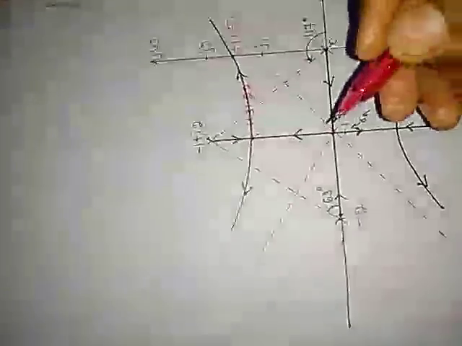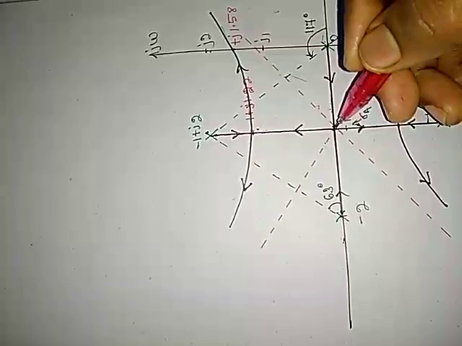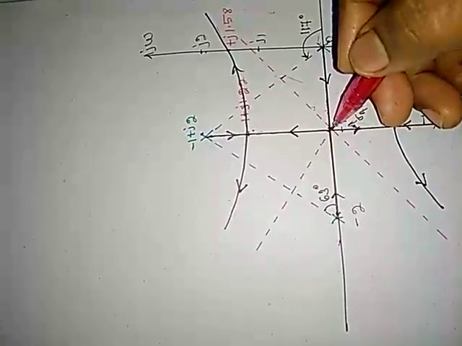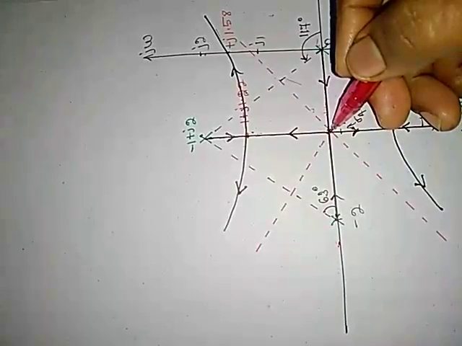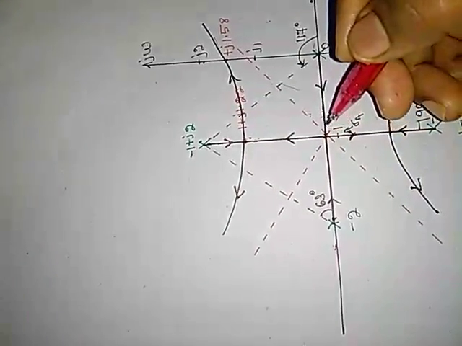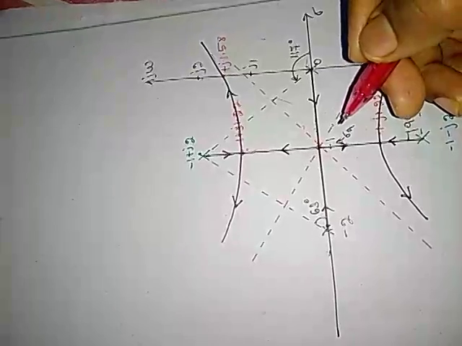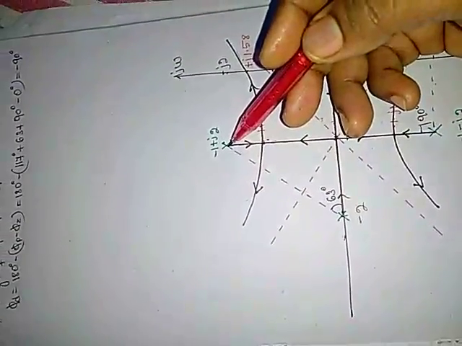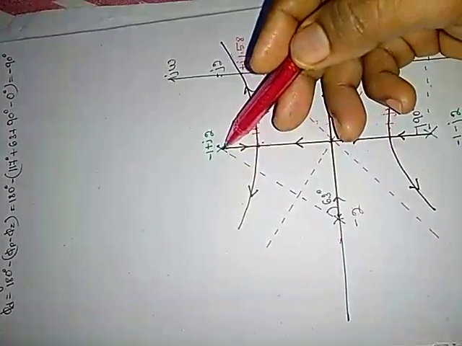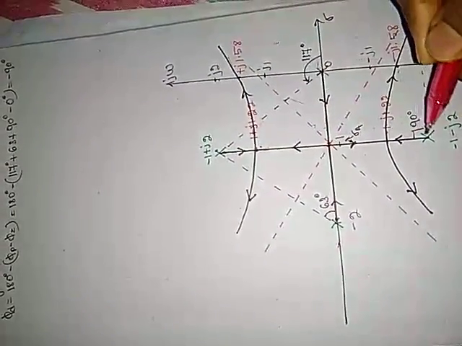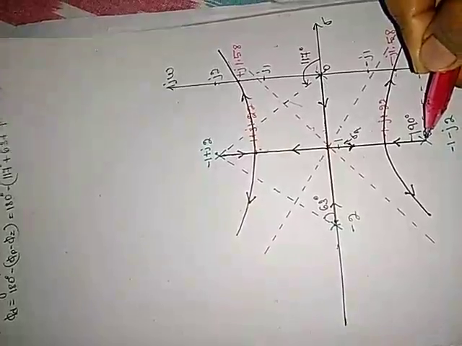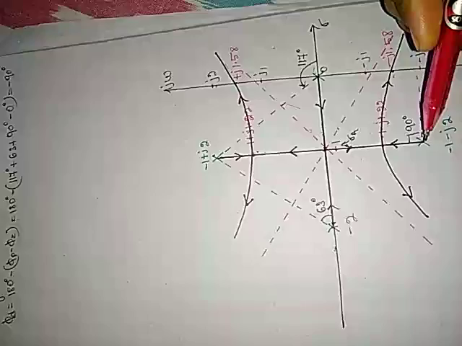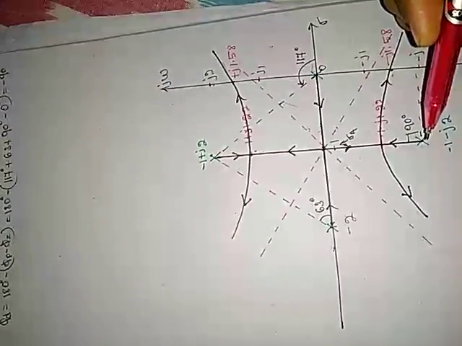Now in this type of question, if the centroid and breakaway point are same, after getting the angle of departure you get minus 90 degree for this pole. It means for the other pole you get plus 90 degree, because this and this pole are complex conjugates of each other.